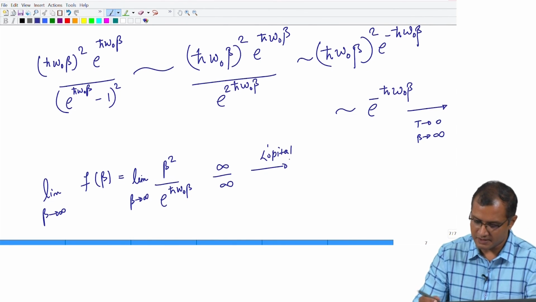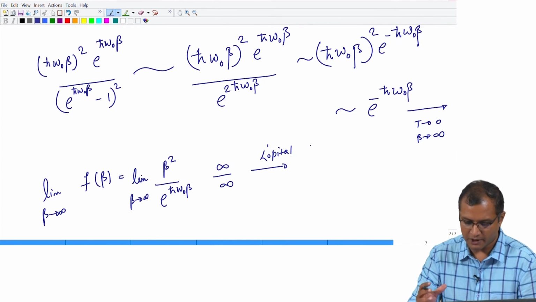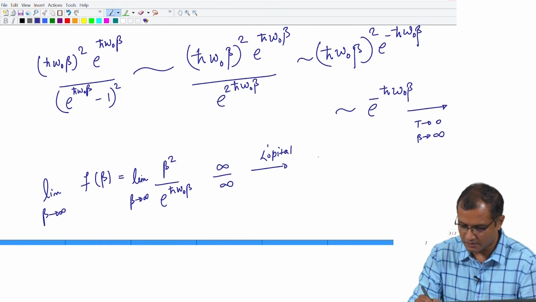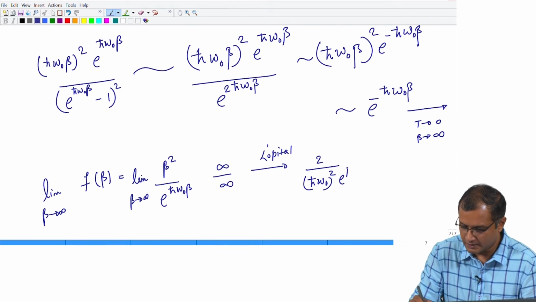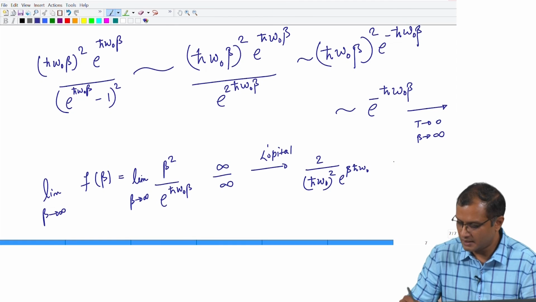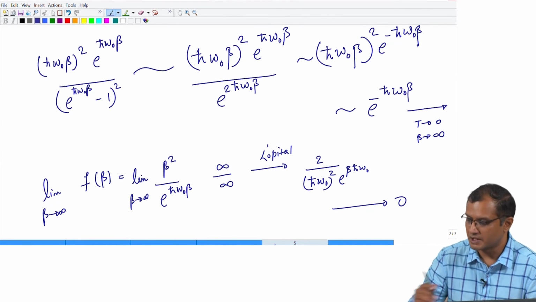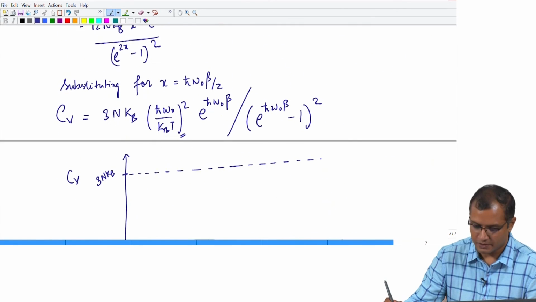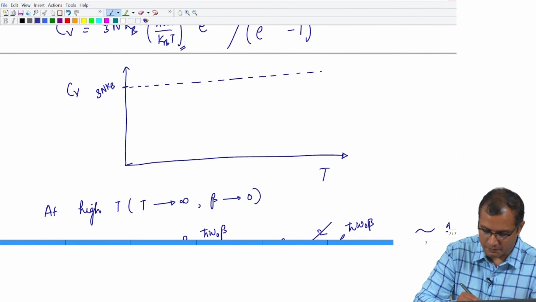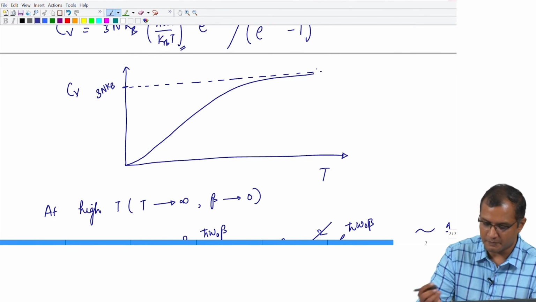and what you get here, if you invoke it twice, is just 2 by h cut omega 0 the whole square e raised to beta h cut omega, and that will go to 0 exponentially. So, its low temperature behavior is exponential and the high temperature limit is getting to the Dulong-Petit law or saturation.